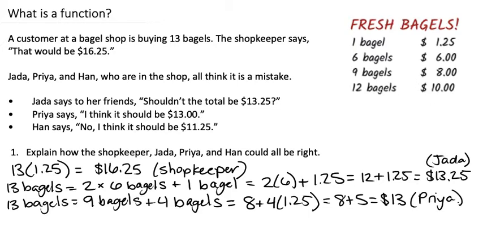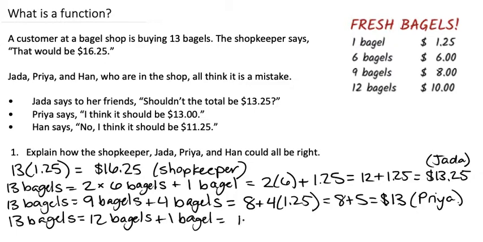And finally, we could calculate the total cost using the fact that 12 bagels cost $10. So for 13 bagels, I could use the cost of 12 bagels and add 1 additional bagel. 12 bagels cost $10.